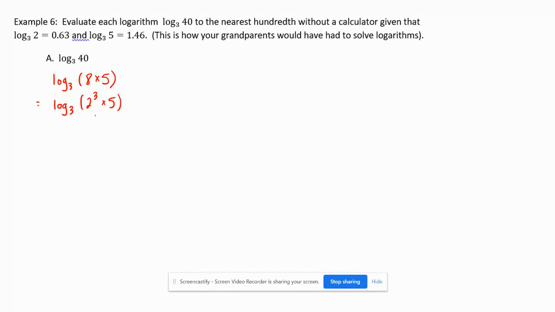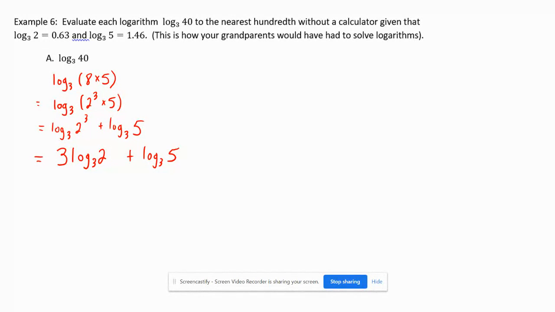For our product law of logarithms, I can separate these using addition, and that's going to be log base 3 of 2 cubed plus log base 3 of 5. And now with our power law, I can take this 3 and bring it down as a coefficient. So it's going to be 3 log base 3 of 2 plus log base 3 of 5.